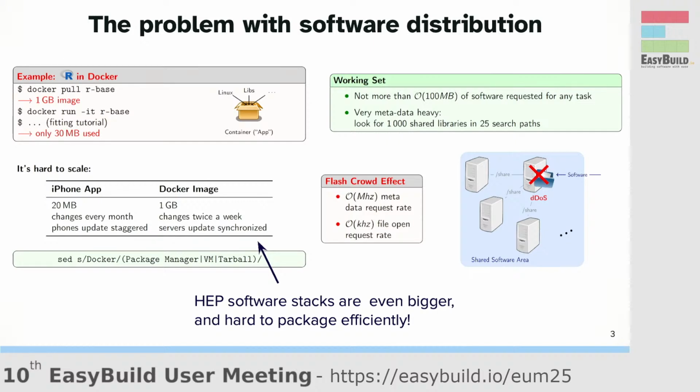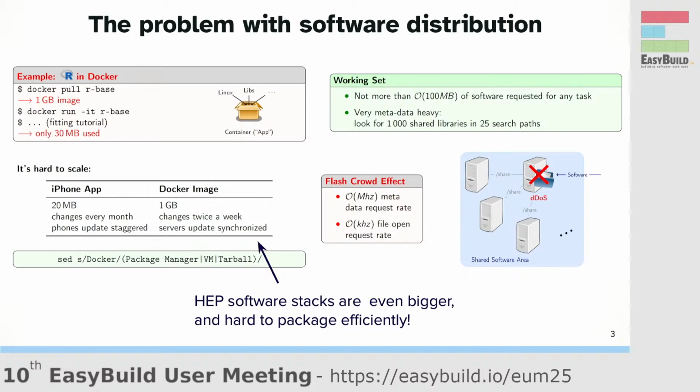Now, if you run a simple thing in this container, the files that you actually use are about 30 megabytes. And this is actually a statistical fact: for containers, you tend to use around 15% of the actual files in the container. So this is not super efficient.